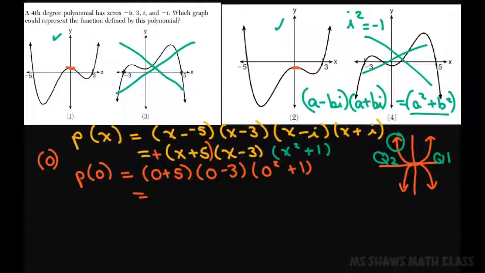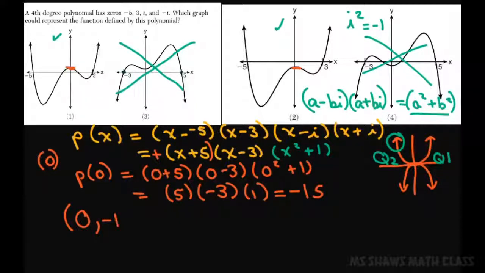That gives you 3 times -3 times 1, which is -9. So when x is 0, y is -9.